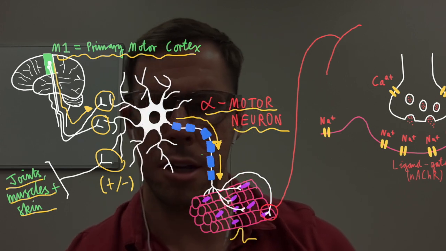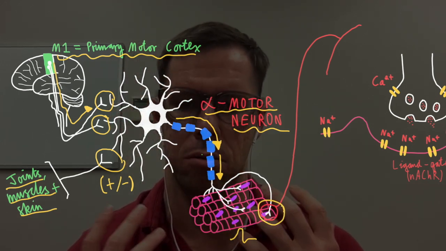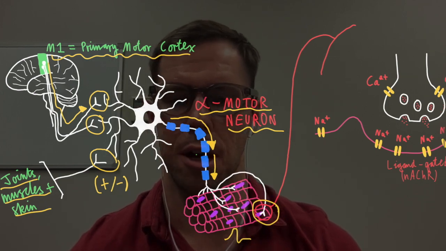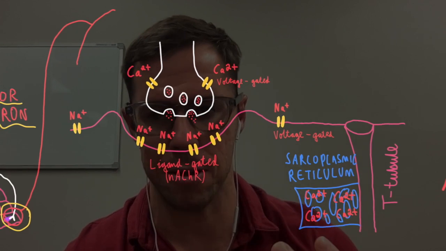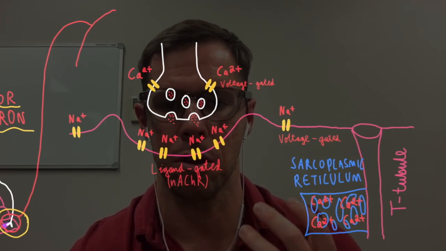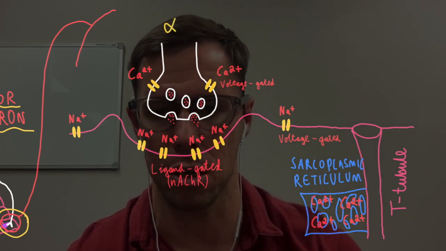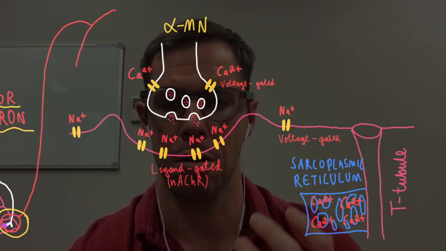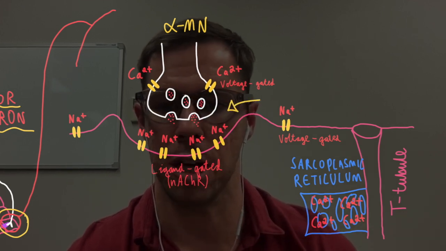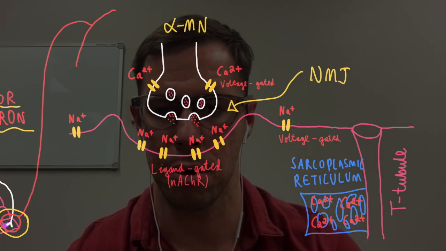Let's zoom in in a bit more detail and look at the connection between the axon terminal of a motor neuron and a muscle fiber. The connection or synapse between the axons of lower motor neurons and muscle fibers is called the neuromuscular junction. First, action potentials trigger the opening of voltage-gated calcium channels at the axon terminals of the lower motor neuron.